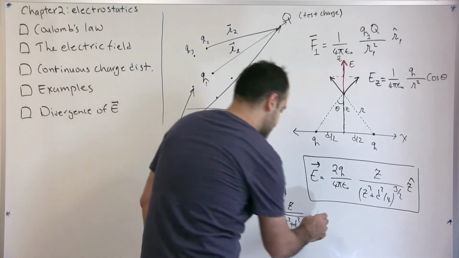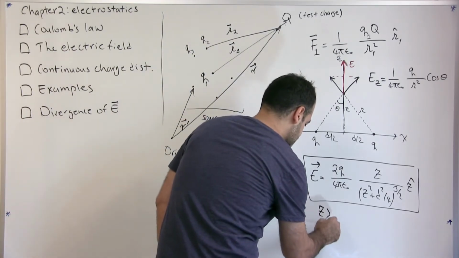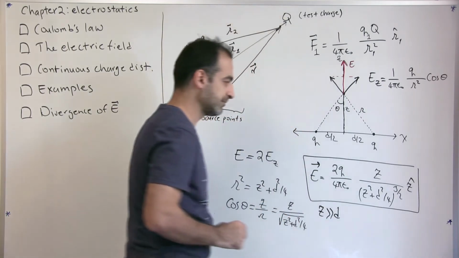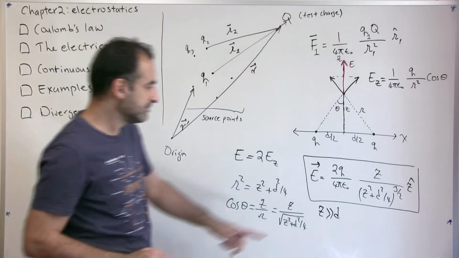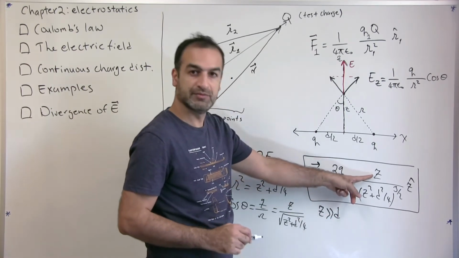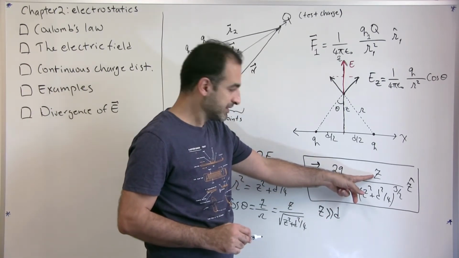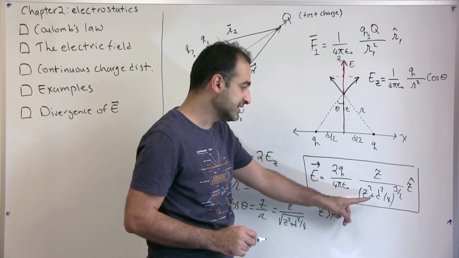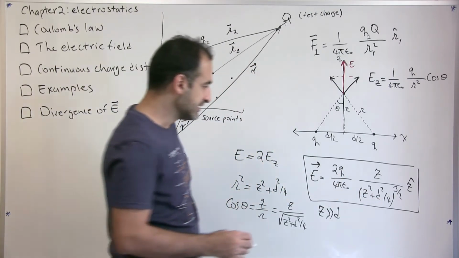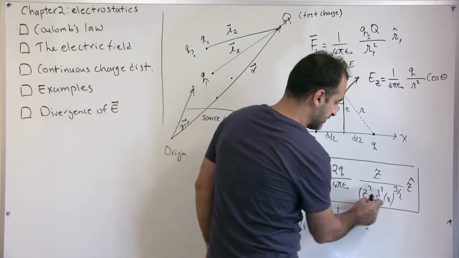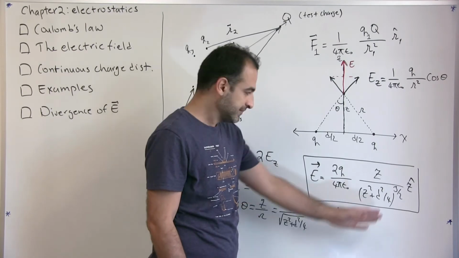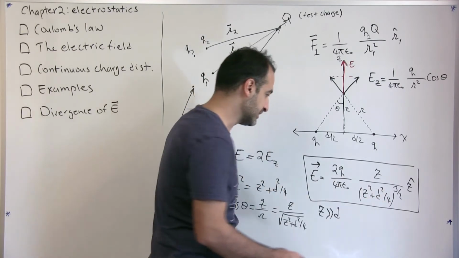In the case that distance z is much greater than d, how do you simplify this? You have z in the numerator, which is okay, it's big. But in the denominator, you have z squared plus d squared divided by 4. This term is going to be much smaller than z, so you can ignore the d squared over 4 as compared to z squared.